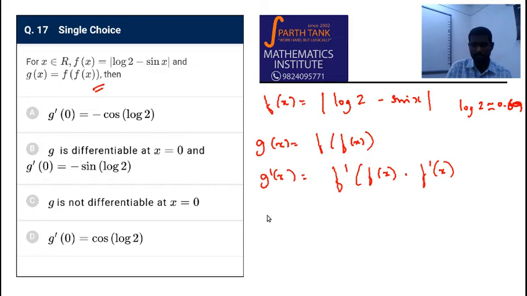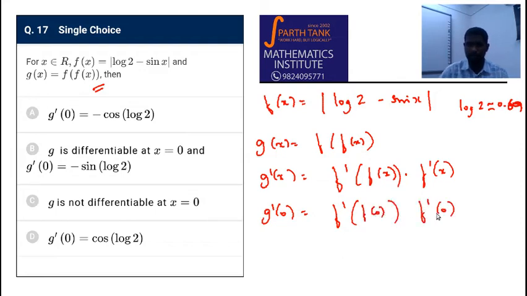F dash of x. Now G dash of 0 is going to be f dash of f of 0 and f dash of 0. Now we need these two things, f of 0 and f dash of 0. And then if you substitute them here, then you can see what will be the value of all these things. So first thing, let us see what is f of 0.